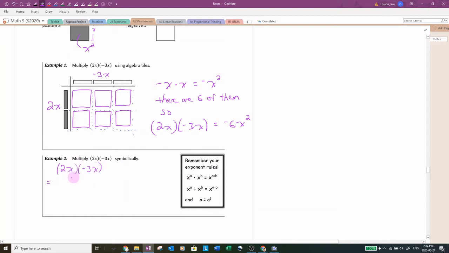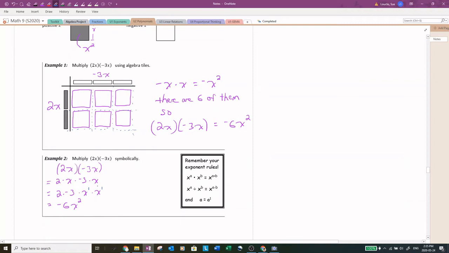So if I drop the brackets first, this becomes 2 times x times negative 3 times x. I can rearrange that so that it's 2 times negative 3 times x times x. Then 2 times negative 3 is negative 6, and x times x is x squared, remembering your exponent rules and that there is a little invisible 1 here, so we add those together.